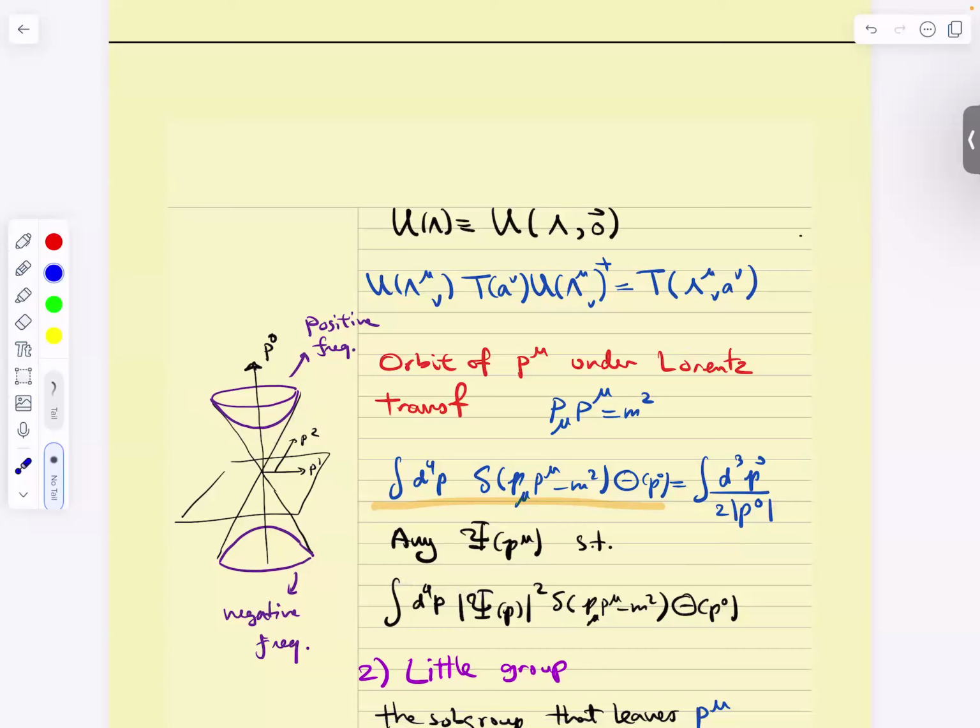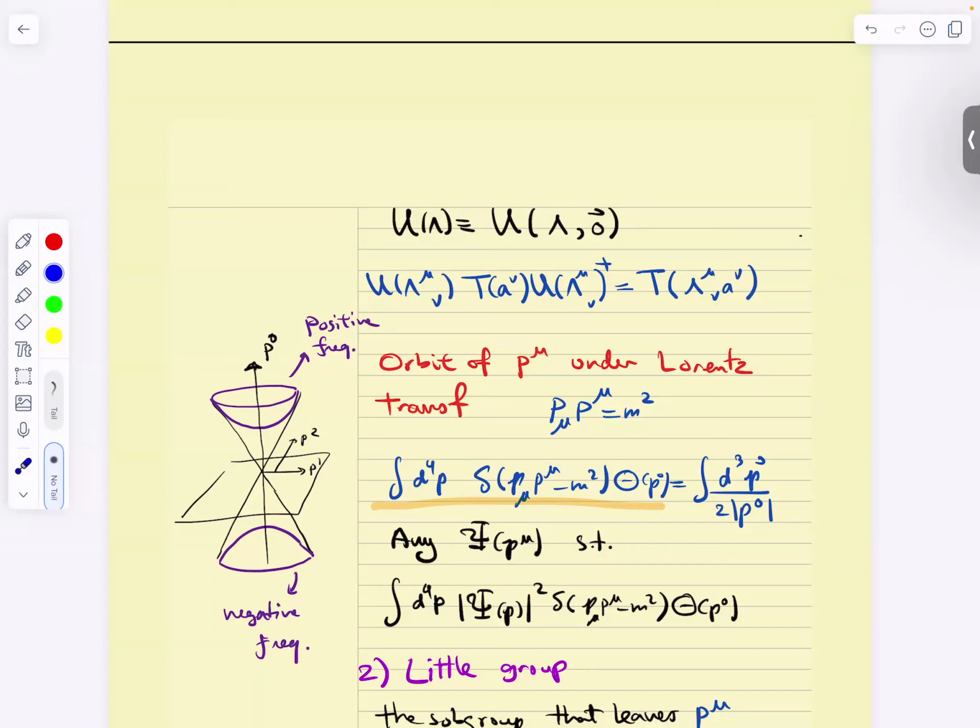Everyone's familiar with this? By the way, one more thing. Maybe I should have said this. In the quantum mechanics case, you had a symmetry. What was the symmetry? Translations, in time and space.